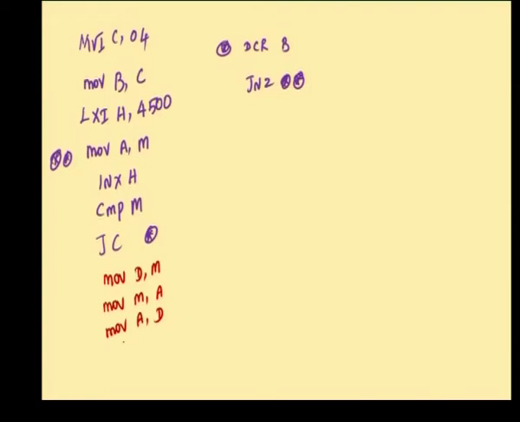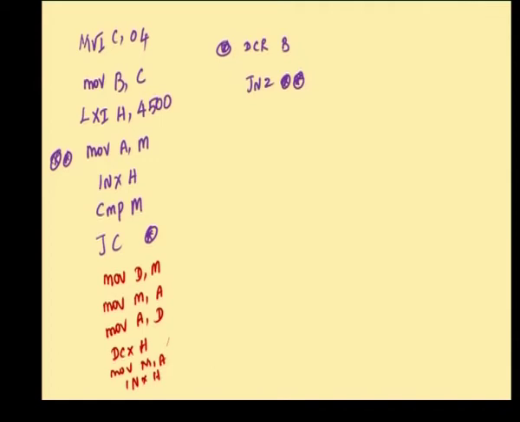So, for that I decrease the location, DCX H, then storing the data, move M comma A, okay. Then I use INX H. So, what I have done, I have interchanged the data and replaced it in the same location also. That is why decrease the location and store the accumulated data into memory and increase the location.